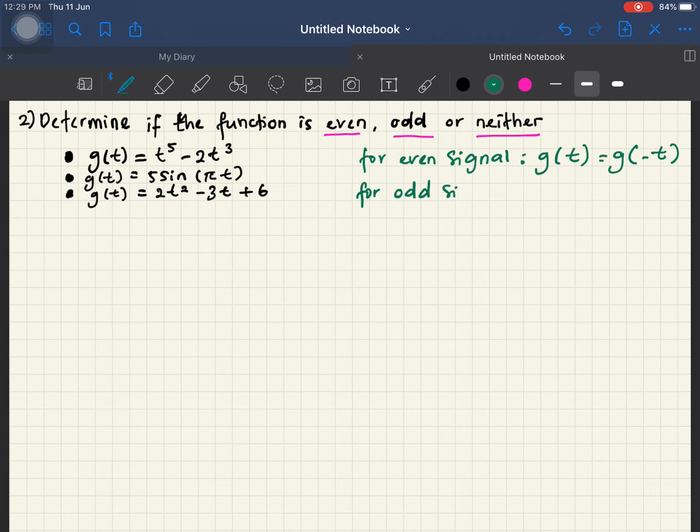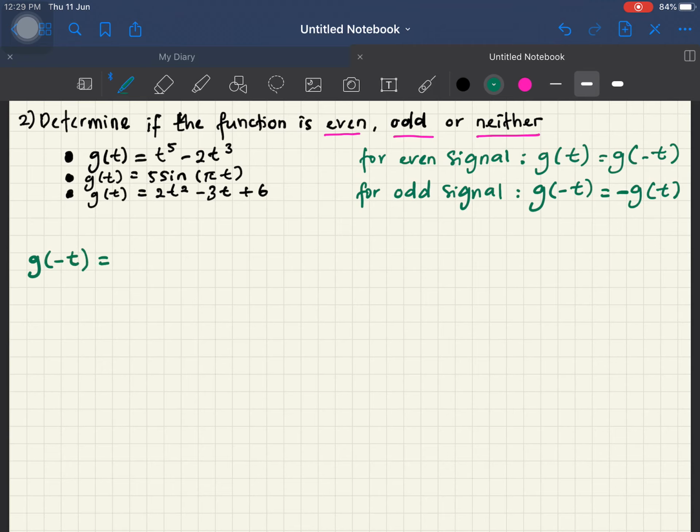However, for an odd signal, you will have g of minus t equals minus g of t. So we can use these two equations to check whether the given function is even, odd, or neither.